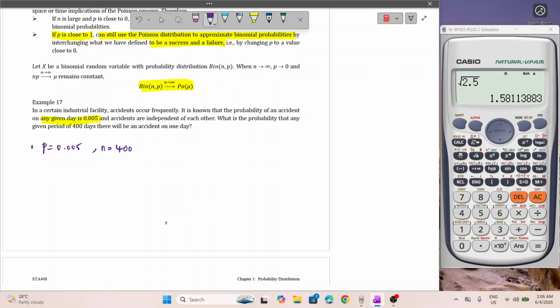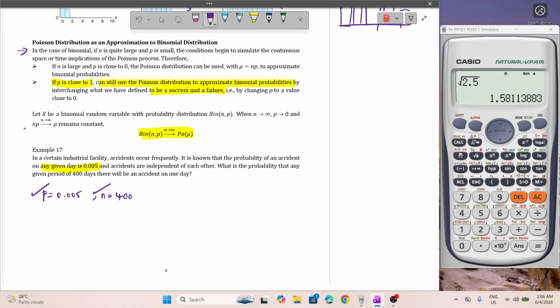Since the probability of success is small and n is large, which is aligned with the first condition, if n is large and p is close to 0, Poisson distribution can be used with mean n times p.